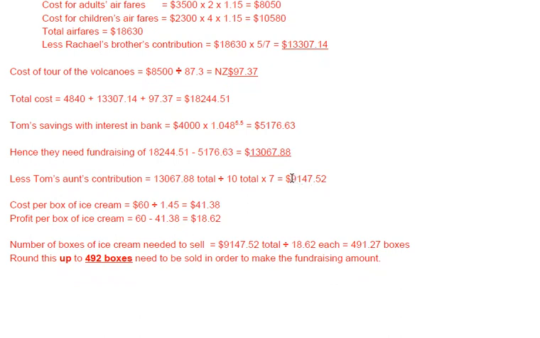How much they need to raise money for, because the rest of the money is going to be paid for by the aunt. So this is a way of multiplying it by 7 tenths here. I've just written in the word total in there. I hope it's not confusing. 10 is the total of that 3 plus 7. That's what I mean by that. And this total over here is really just referring to that total there.